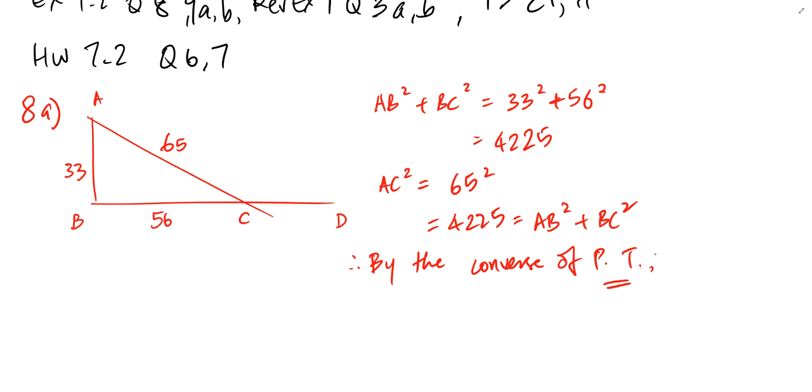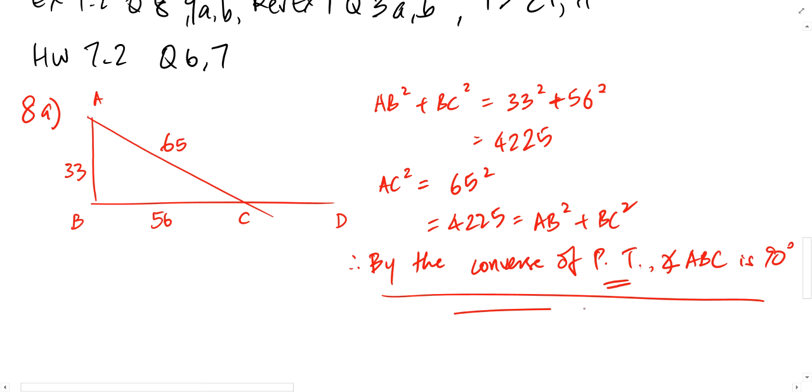We'll find out. So by the converse of Pythagoras theorem, angle ABC is 90 degrees. You must write all these. It shows that angle ABC is 90 degrees, and this therefore implies that triangle ABC is a right angle triangle.